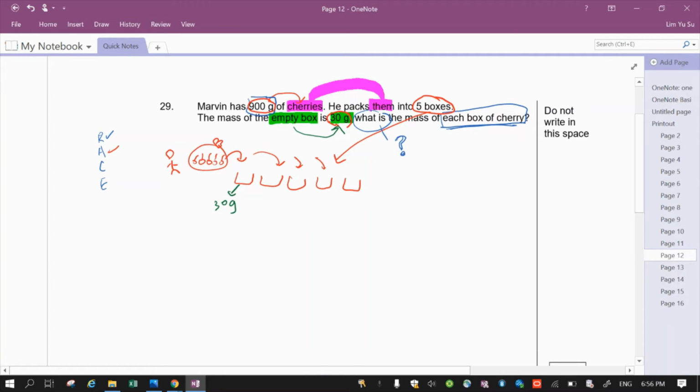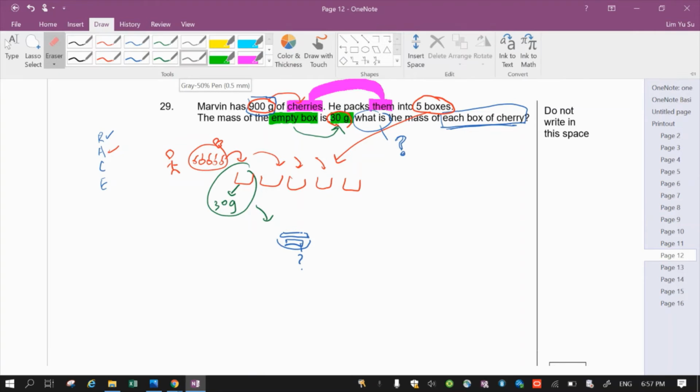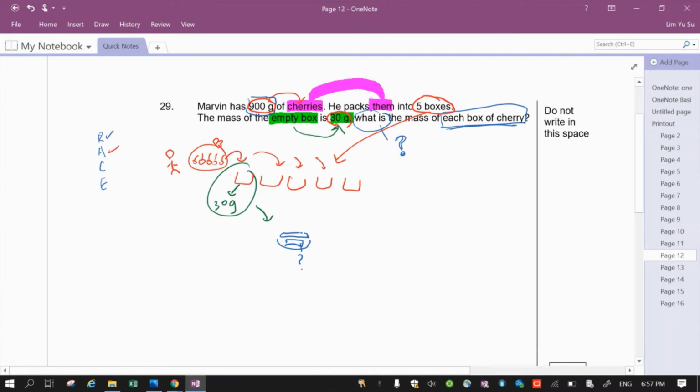After putting the cherries into it, he's going to put it on a weighing scale, and it tells you how much the weight is.